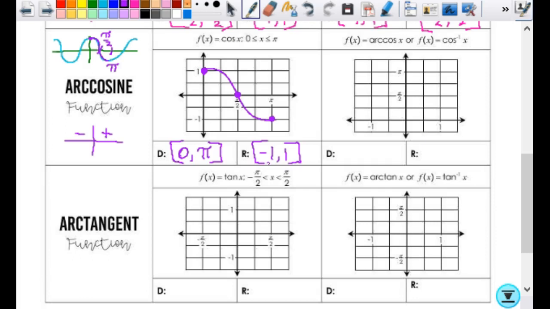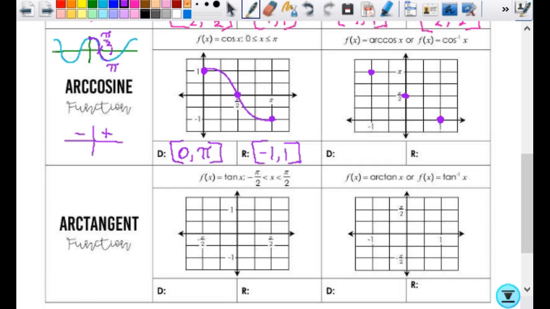Right, so let's plot these points as the inverse. They change places. This 0, 1 becomes 1, 0. The pi halves, 0 becomes 0, pi halves. The pi, -1 becomes -1, pi.